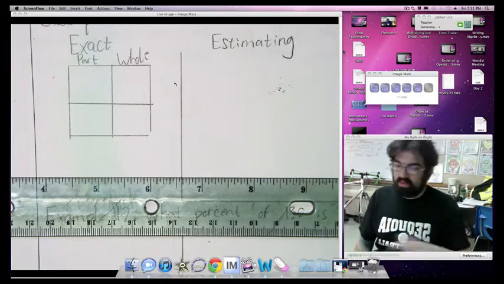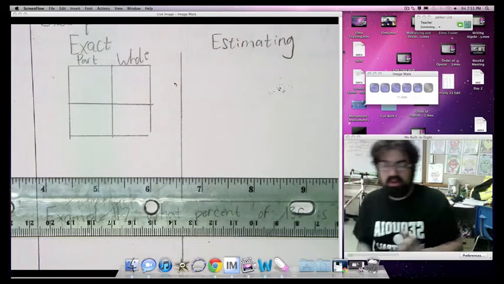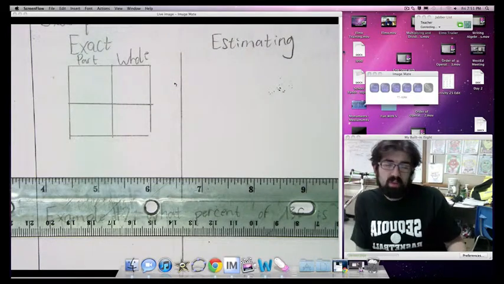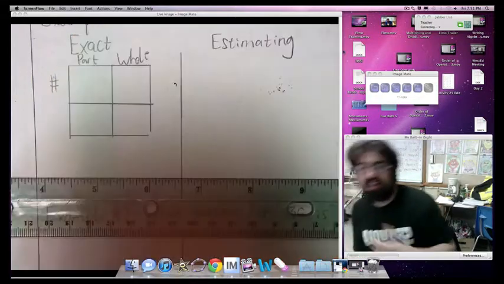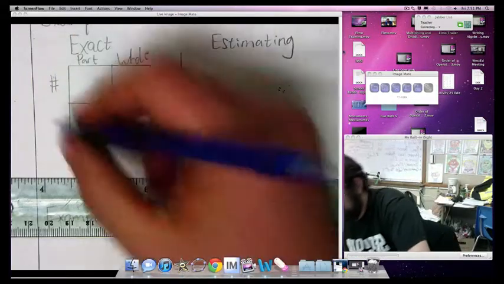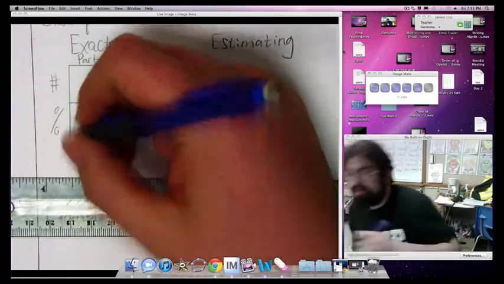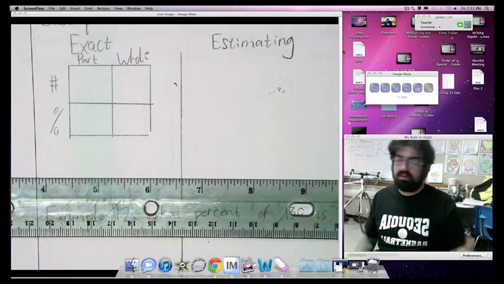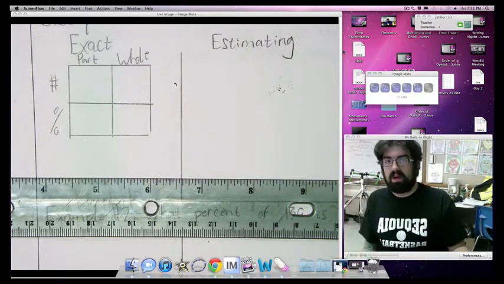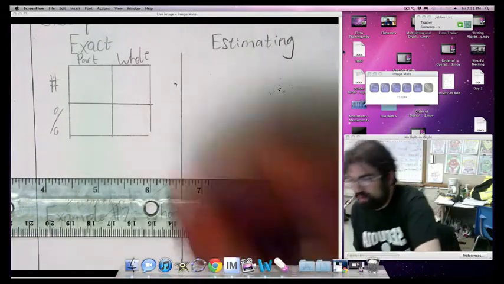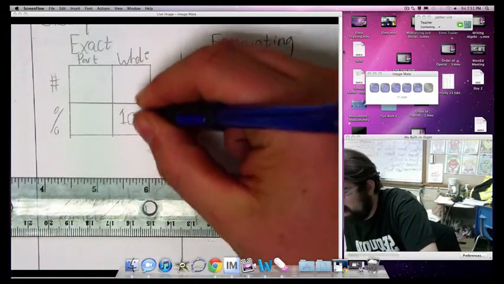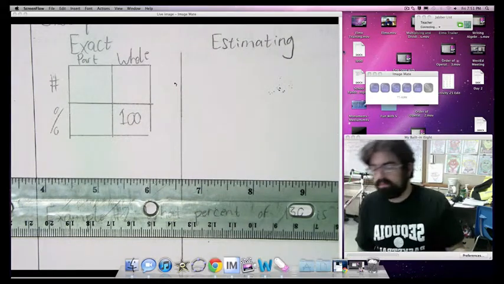In the other column, these are columns by the way, Greek columns, I want to represent the whole. I'm going to put whatever the number is in standard form, and then I'm going to put my percents in the denominator of these fractions. Whole percent, that's always going to be 100%. So that's kind of nice.